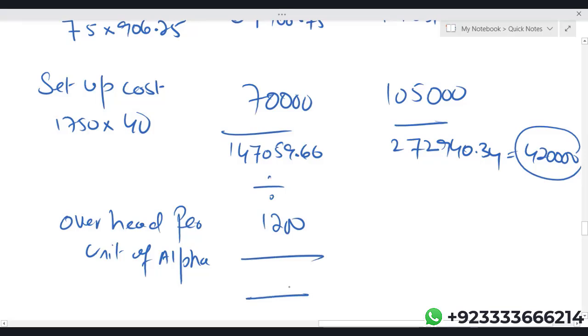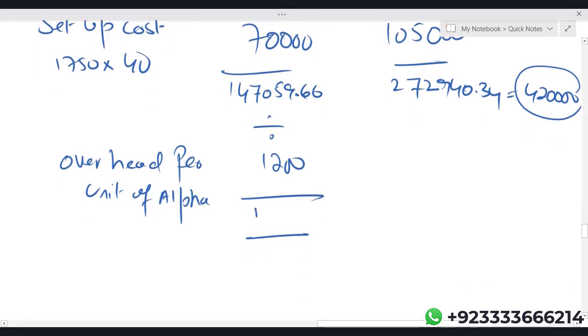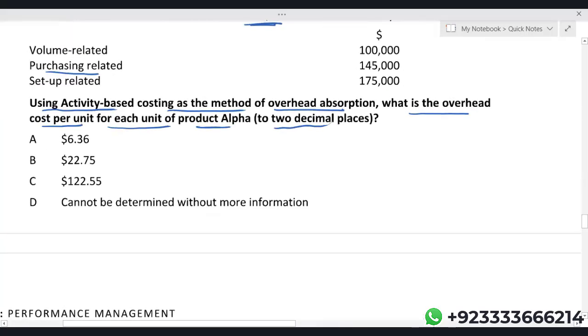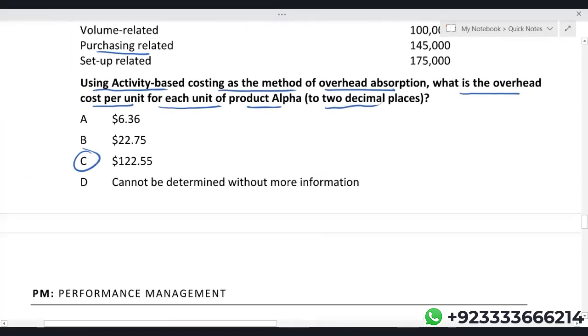So let's see. 1,47,059.66 divided by 1,200. I'm getting, students, 122.549. So make it 122.55. Let's see, do we have any choices? Yes, this is the one.